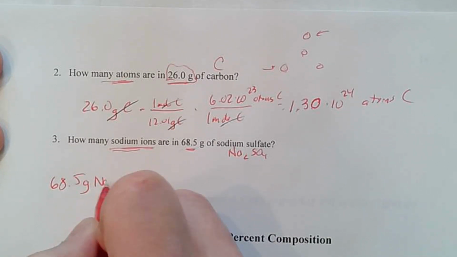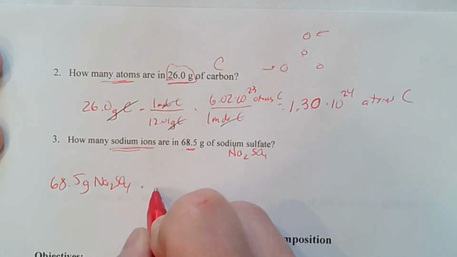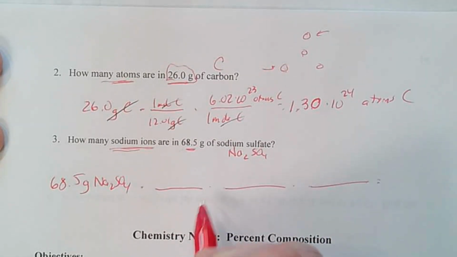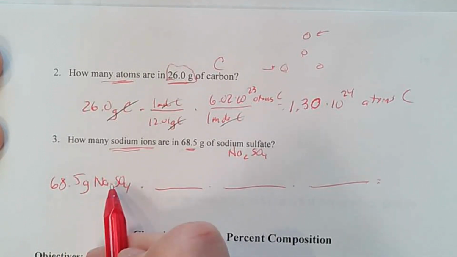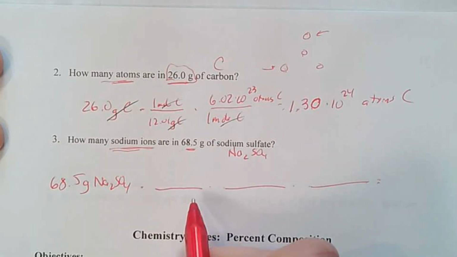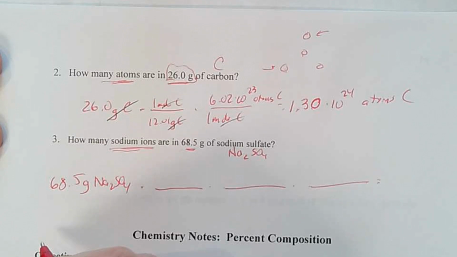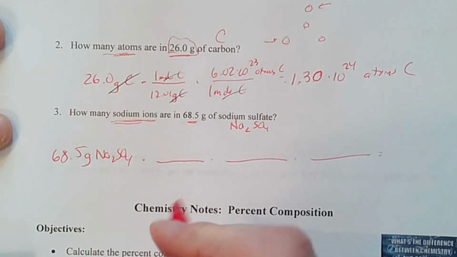So I start with this, and this problem here is a good example of why you need to write the substance along with the unit with your number. Because if you don't, you're going to get lost, and you're not going to know what you need to do. So the first step is we need to convert mass to moles, and that is molar mass.